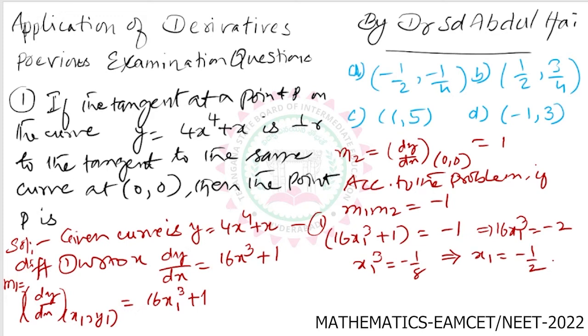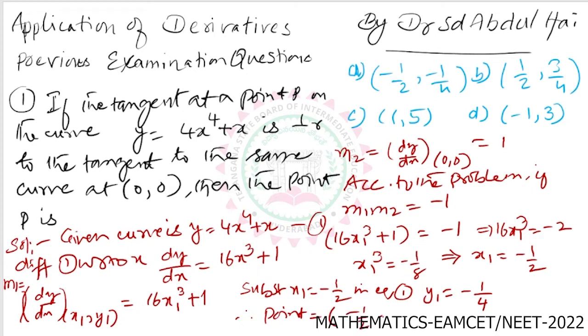Similarly, substituting x1 is equal to minus 1 by 2 in equation 1, what am I getting? I am getting y1 is equal to minus 1 by 4. If you substitute, you can verify. Therefore, the point P is minus 1 by 2, comma, minus 1 by 4.